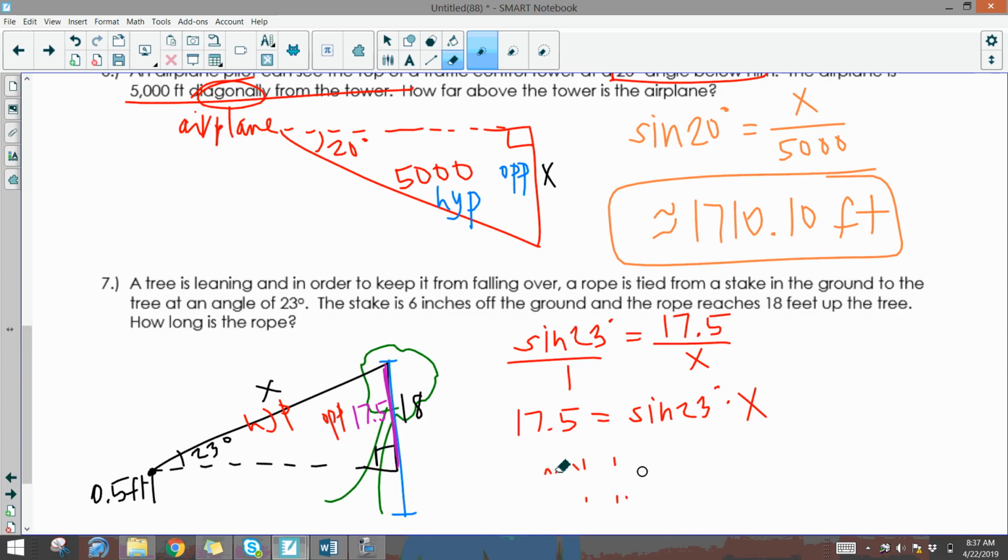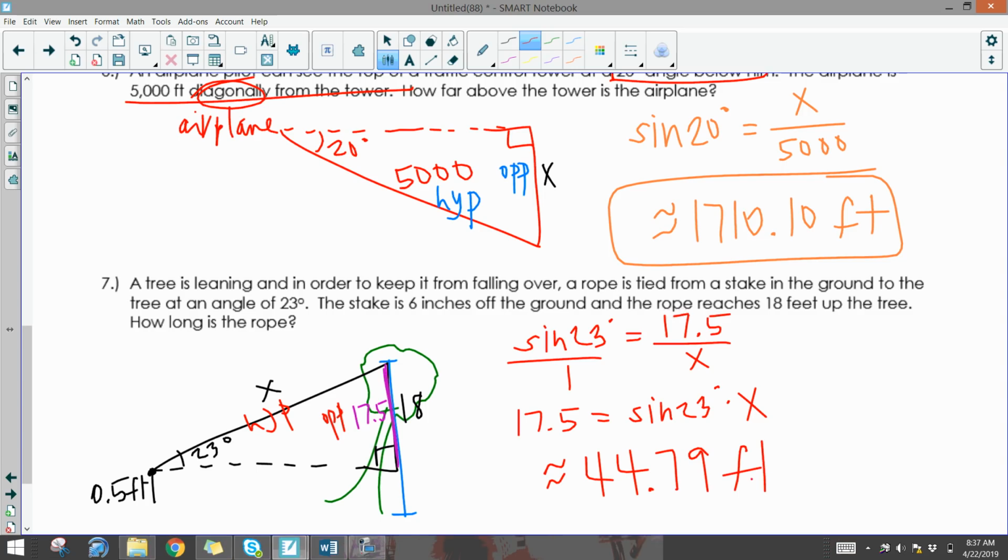Now, you guys, a lot of times, like the problem above, we added 5 at the end. We don't have to do that here, okay? We have approximately 44.79 feet. There we go. All right, cool.